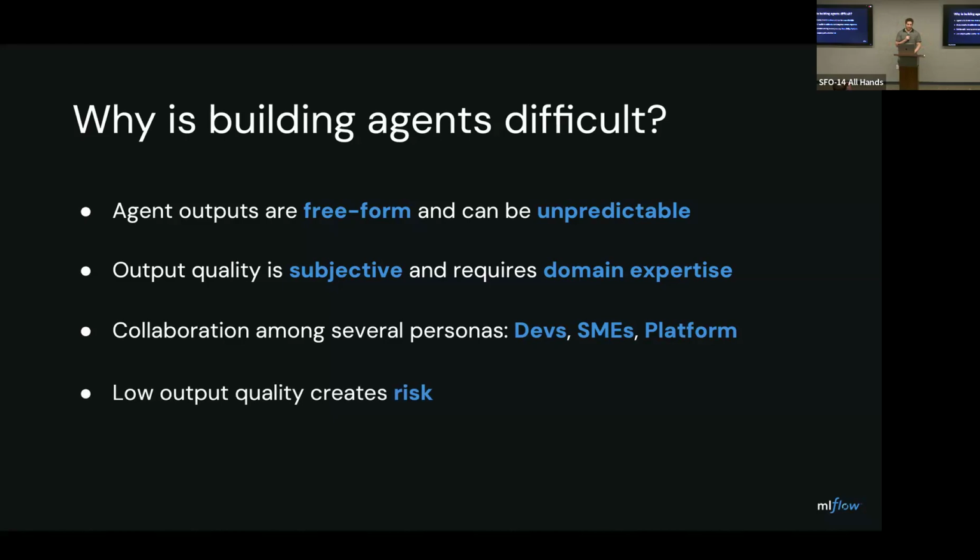Risk of leaking PII, offending users, or creating a bunch of other hazardous outcomes. And finally, folks are constantly playing this game of a trade-off between cost and latency and quality. They may pick a cheaper, faster LLM and, unbeknownst to them, end up degrading quality to the point where it's unacceptable.